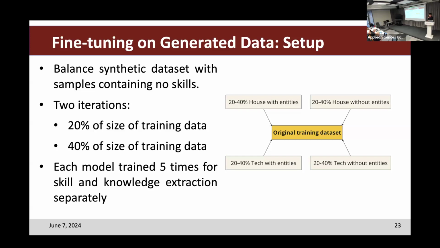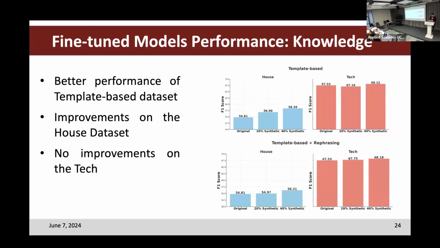For that, we asked the LLM to rewrite a sentence containing no skill, essentially rephrasing it, and added it to the synthetic data set. We trained each model, like BERT, 5 times for skills and knowledge extraction separately using these synthetic data sets. And let's observe the results.